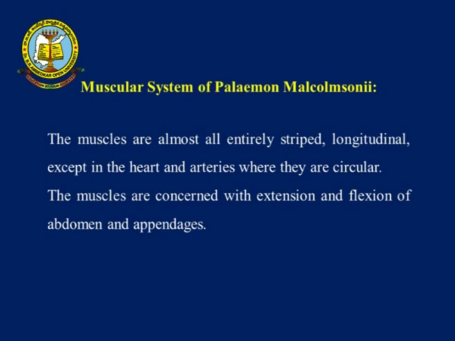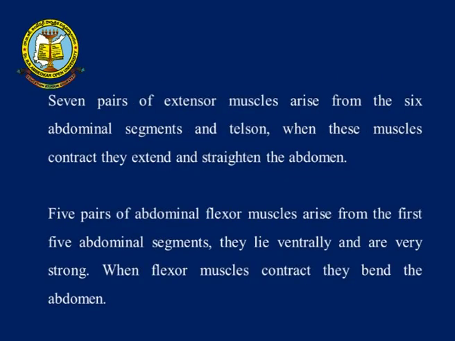Coming to the muscular system, the muscles are almost entirely striped longitudinal, except in the heart and the arteries, where they are circular. The muscles are concerned with extension and flexion of the abdomen and appendages. They have 7 pairs of extensor muscles arising from the 6 abdominal segments and the telson. When these muscles contract, they extend and straighten the abdomen.